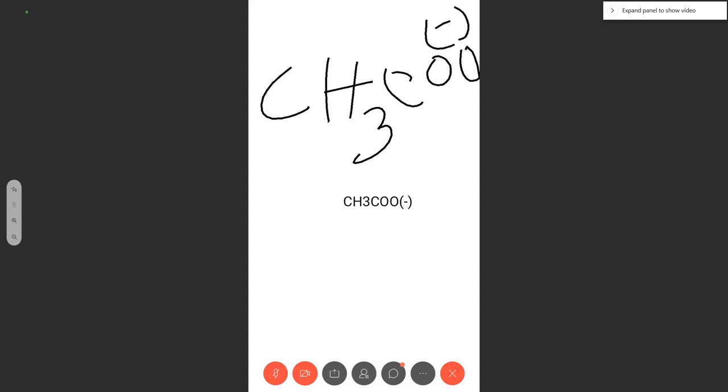I'm using the pencil, but it's not working so nicely. So this minus charge in the carboxylate anion is actually spread over two oxygen atoms. But in case of phenol, the phenoxide ion, O minus, the resonance is also disturbed and the negative charge comes out on the less electronegative carbon atoms.